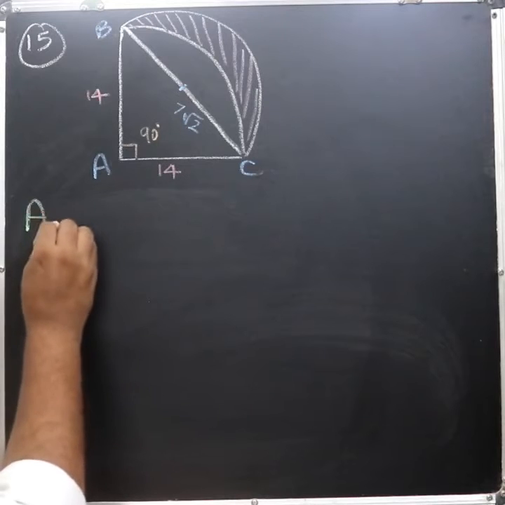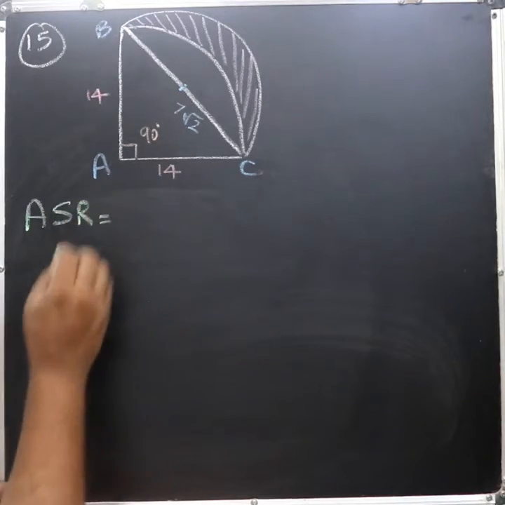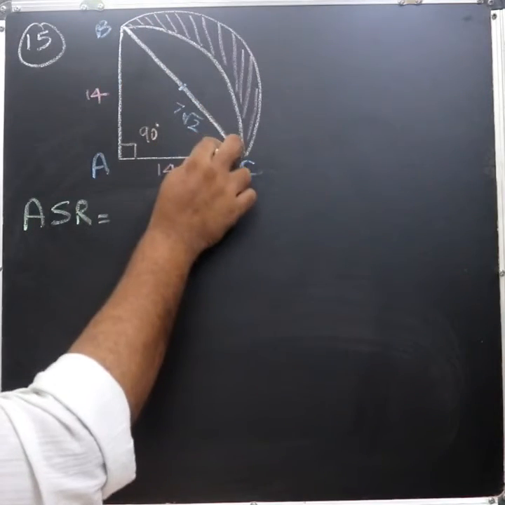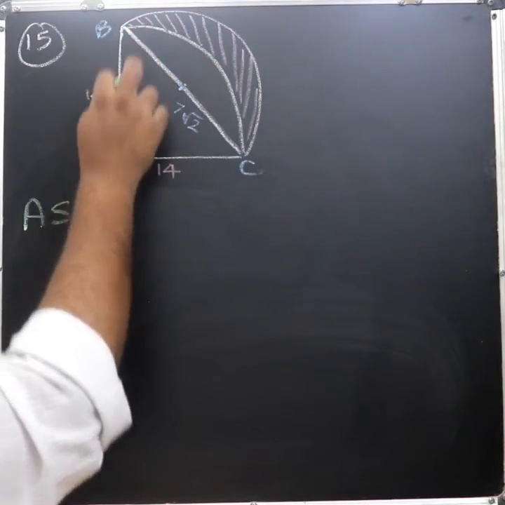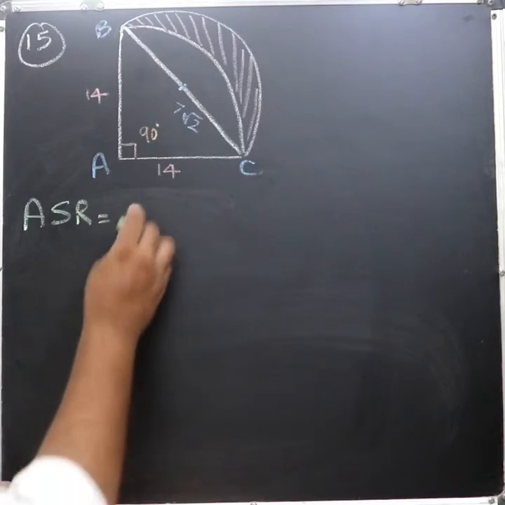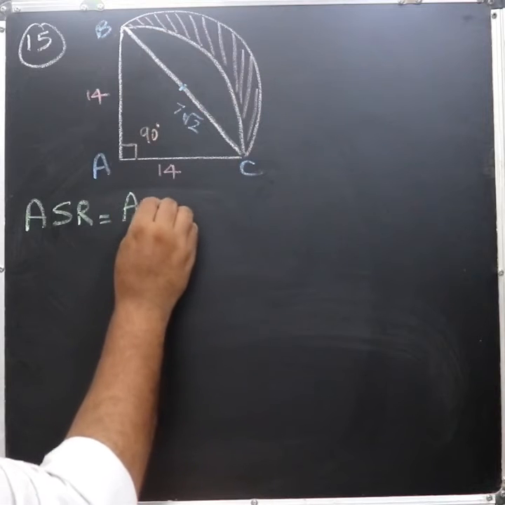Now ASR, area of shaded region, equal to, I am going to add the area of this semicircle and area of this triangle. When I do that, I will get the entire area of this figure.